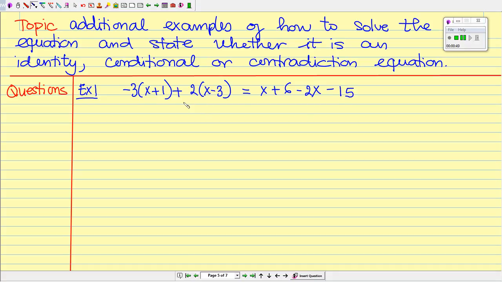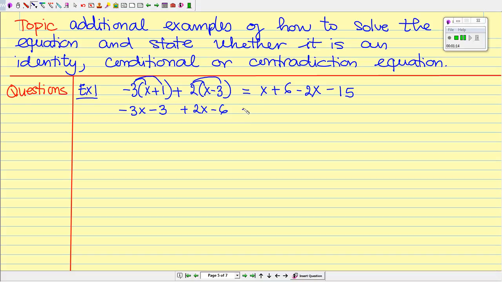First, look at the left-hand side. We need to distribute the negative 3 and distribute the 2 to remove the parentheses. So we're using the distributive property. That will give us negative 3x minus 3 plus 2x minus 6.